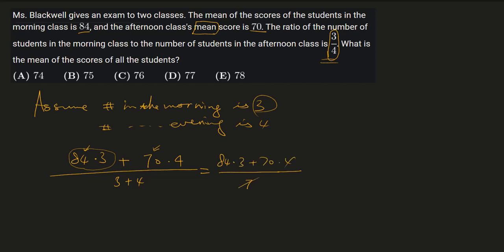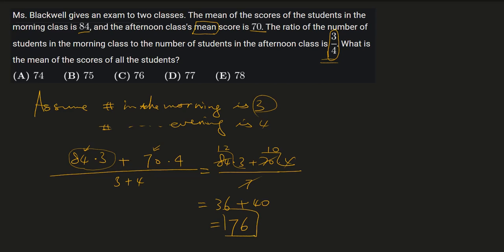Let's cancel the 7. We have a 12 here, and canceling the 7 from the 70, we have a 10 here. Therefore, the final answer is 12 times 3 plus 10 times 4. That's 76. So the final average score of all students is 76. This is our solution.